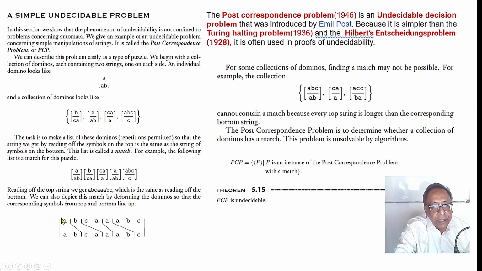Here you cannot make a match because the numerator is always higher. You have to try every trick, and you cannot have an algorithm; you cannot definitely say you will find a match. So this is the Post correspondence problem. Emil Post: P is an instance of the Post correspondence problem with a match. The PCP is undecidable.